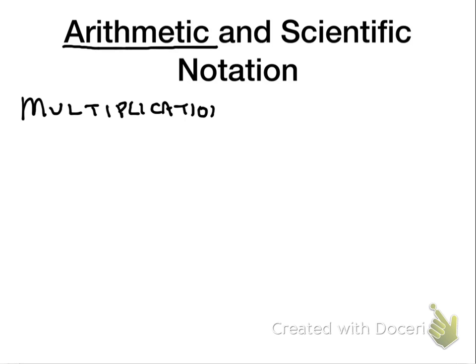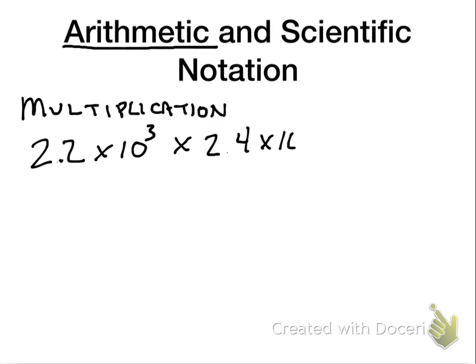In multiplication, if you had a number such as 2.2 times 10 to the third power times 2.4 times 10 to the second power, the beauty of multiplying is all you need to do is multiply the two numbers, 2.2 times 2.4, which is 5.28.